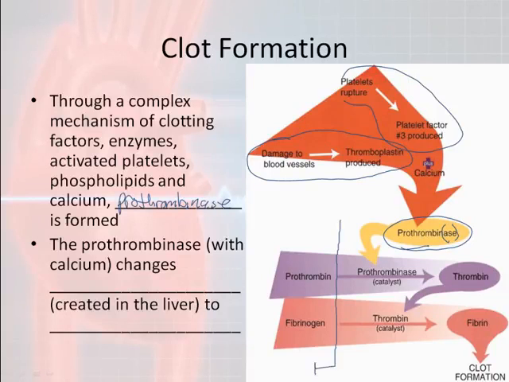Everything on this side of the line is already free-floating in your body, which is prothrombin and fibrinogen. Once prothrombinase is formed, the prothrombinase, with calcium and some other stuff, changes free-floating prothrombin.